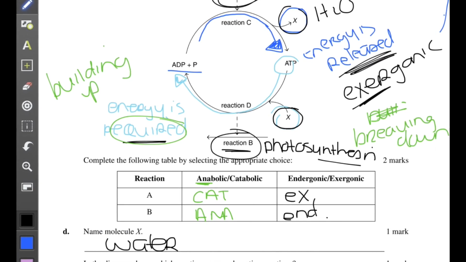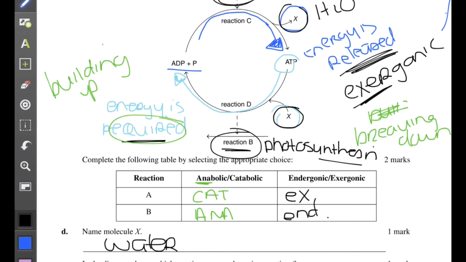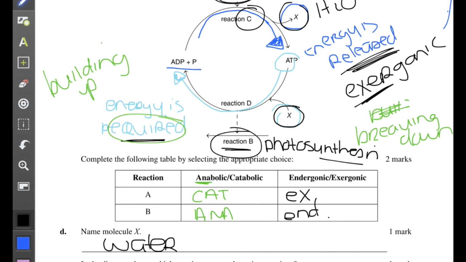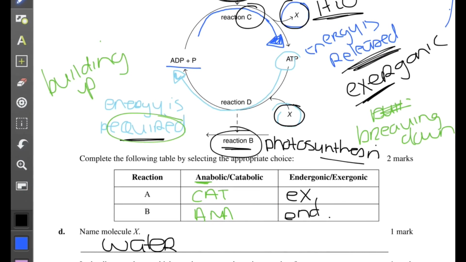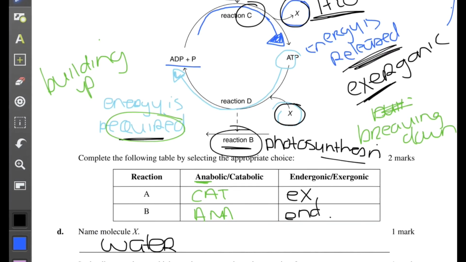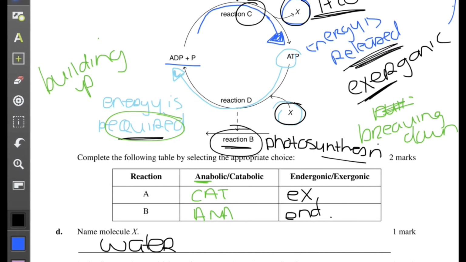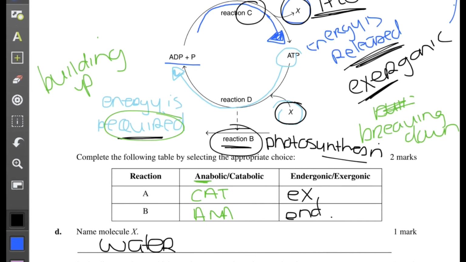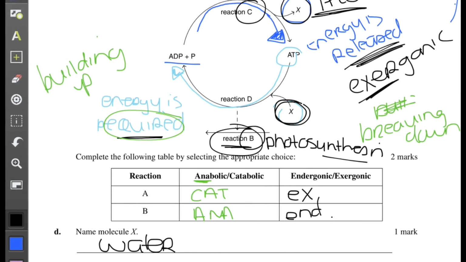Cellular respiration creates the water, so we would say reaction C. Water is formed, so that's occurring at the electron transport chain. And then reaction B, photosynthesis, has an input of the water, but then also has an output, so we'll say B. Okay, great. Hopefully that helps.